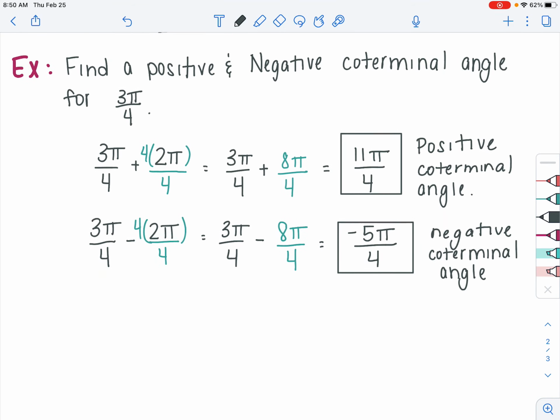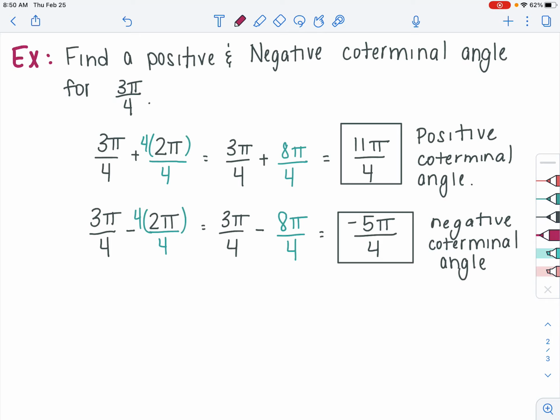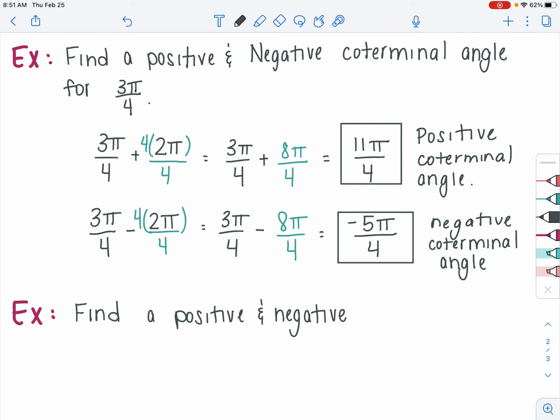So let's just try one more to make sure we got the hang of this. Let's find a positive and negative coterminal angle for negative pi over 6.